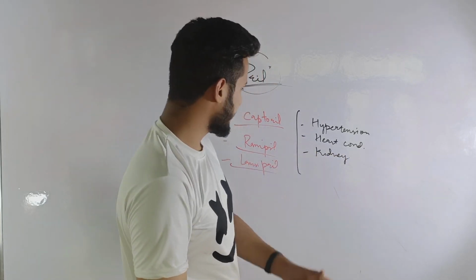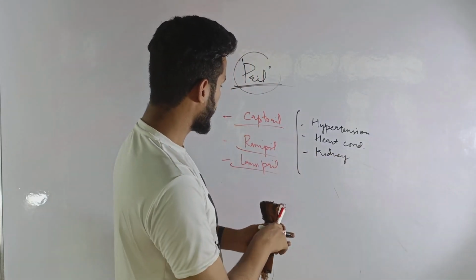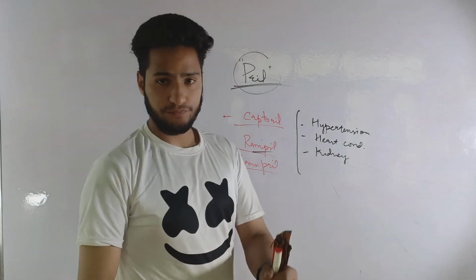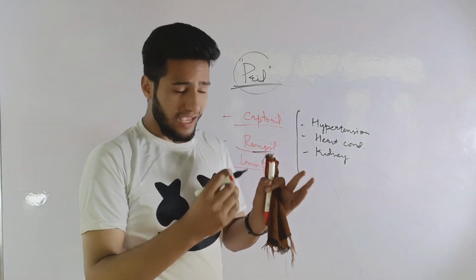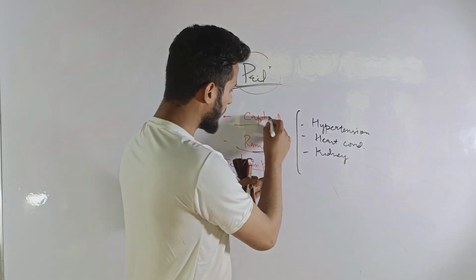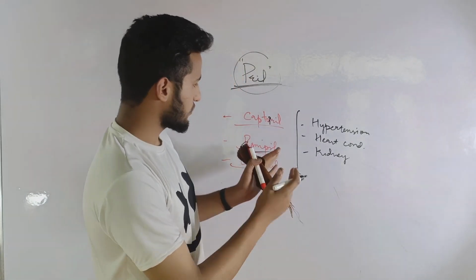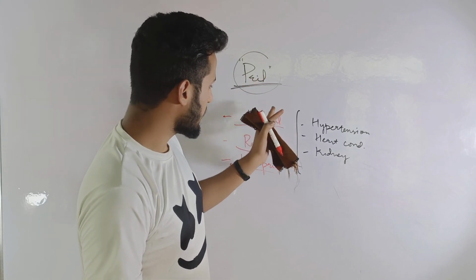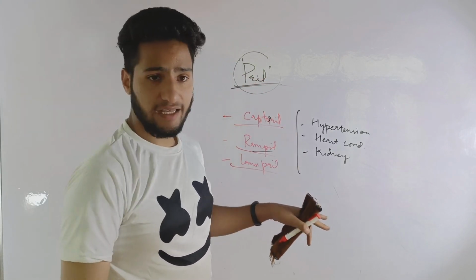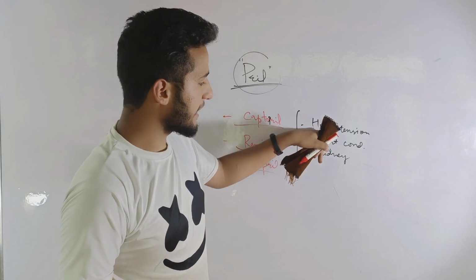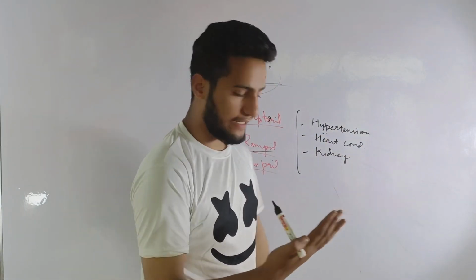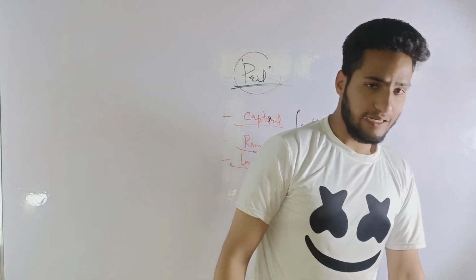Any medicine that contains pril as the suffix is used in hypertension, heart conditions, and kidney problems.